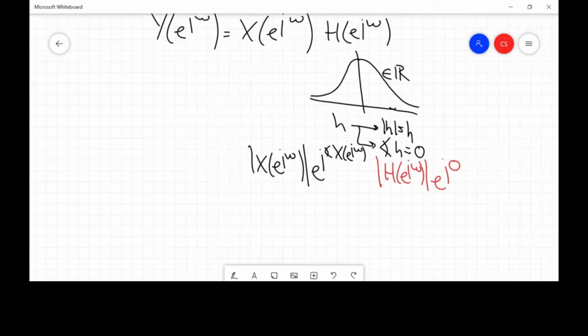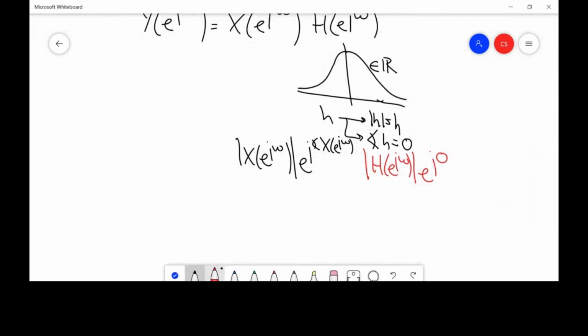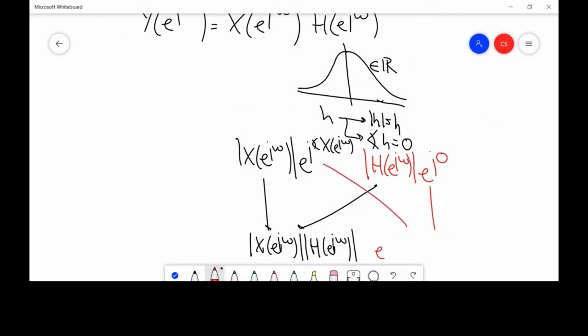So the multiplication of the two is you have to multiply this with this. So it is X times h, and then you have to combine this with this. So it will be A times the modulus of X, and the phase of X plus 0. So that means that the phase doesn't change, and the amplitude is the one that is changing.